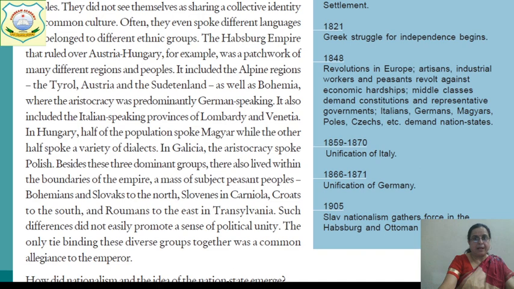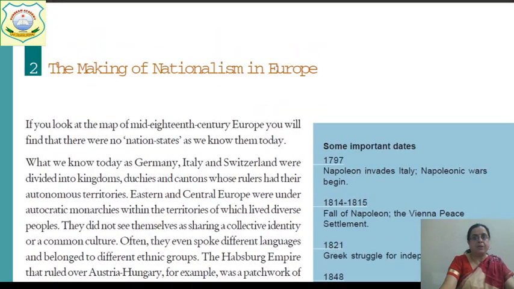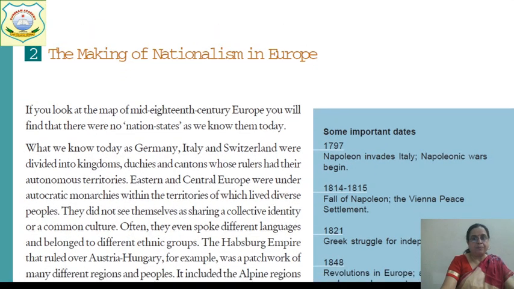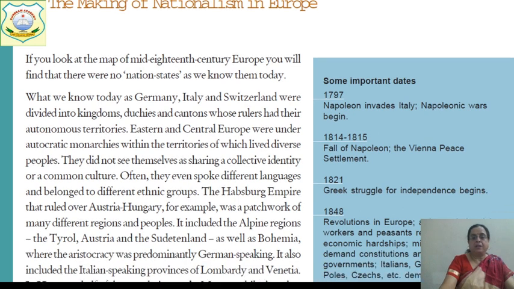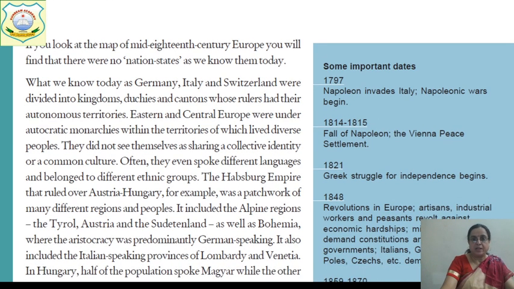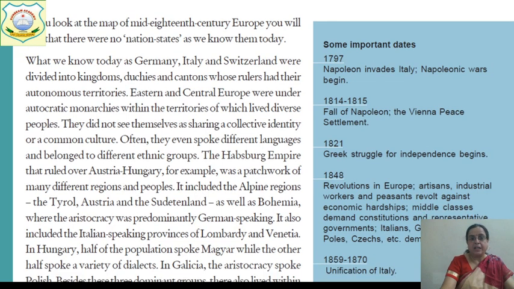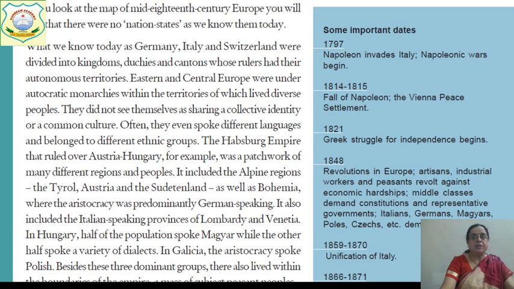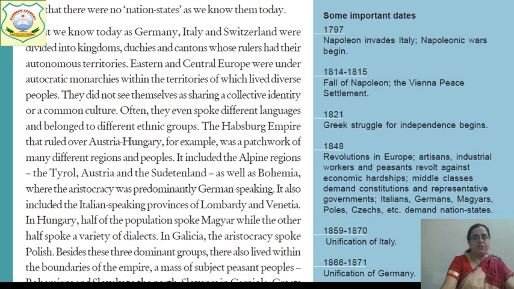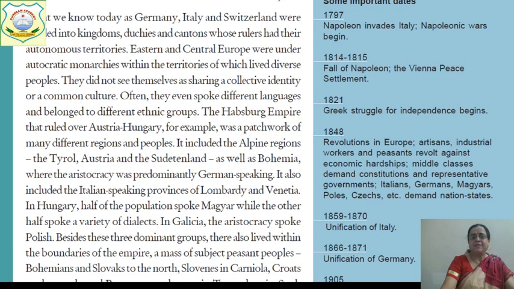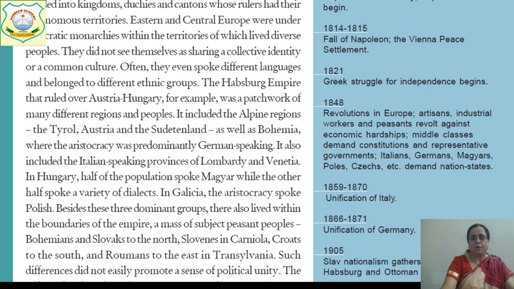So do remember that, children, the making of nationalism in Europe. At that time, there was no concept of a nation state. Even Germany, Italy, and Switzerland were divided into different kingdoms, and the rulers were autocratic monarchs. There were diverse people under their territories, and they did not see themselves as sharing a collective identity or a common culture.